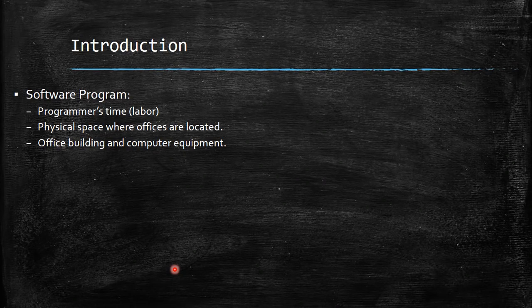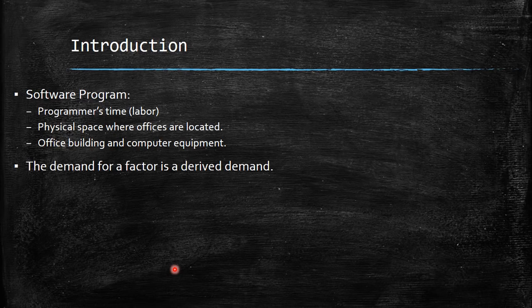Those three inputs are necessary to have a final good, here a software program. The demand for a factor, whether labor, land or capital, is a derived demand. Why? Because it depends on the real demand for the final good.